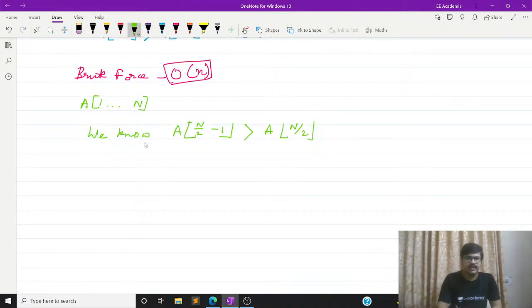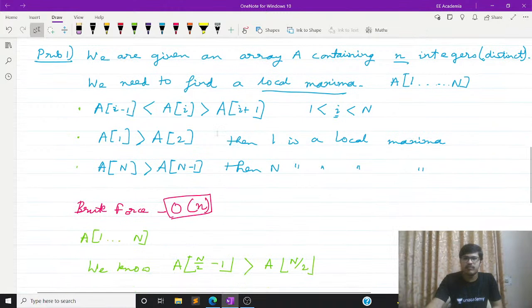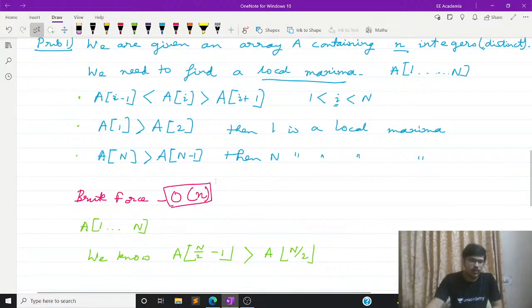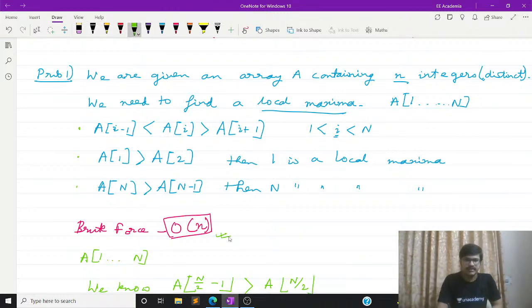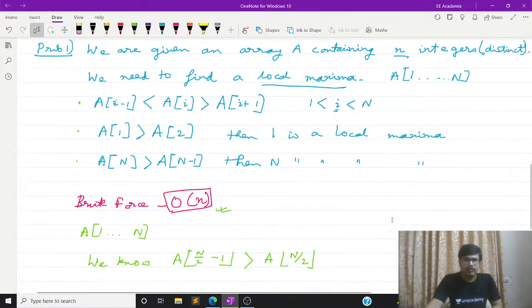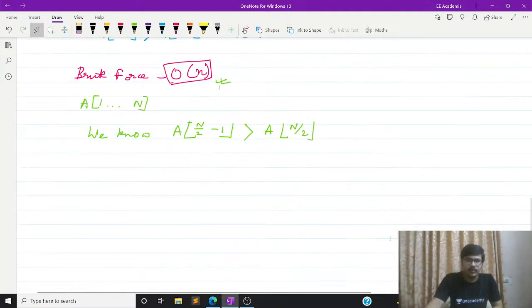Okay, so if that is the case, for this problem we want to do it in something better than O of n. For that we need to come up with a very important observation. Finding the local maxima is very easy with a linear search, but if we see a very important observation, then we can do it in a better way.